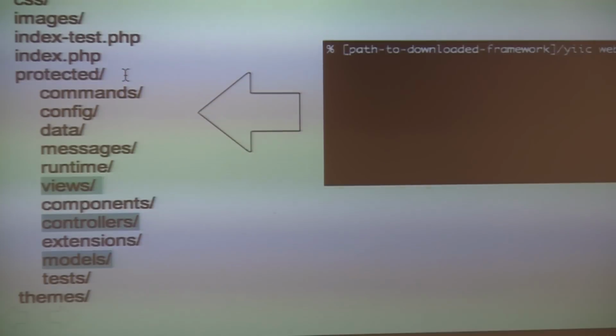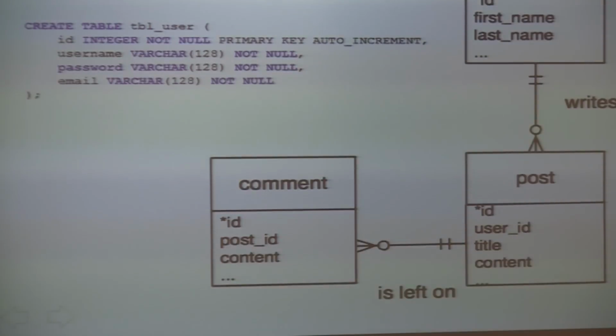It's got tests and a place for themes, and not all of these are even used or populated out of the skeleton command, but this is typically what you might be needing in a basic database-driven dynamic application. Any questions, concerns about that?